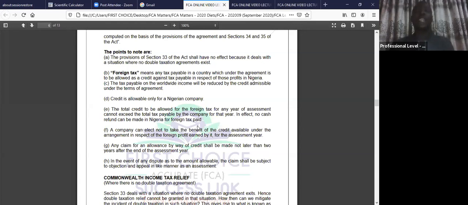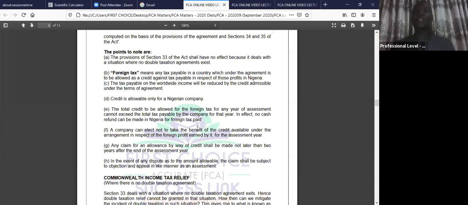Now, the essence is that Nigeria cannot grant you more than the Nigerian tax. So it means that if you suffer tax in Nigeria and you suffer tax outside, the relief you are going to get will not be more than the Nigerian tax.